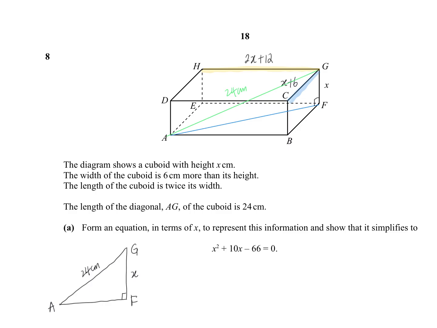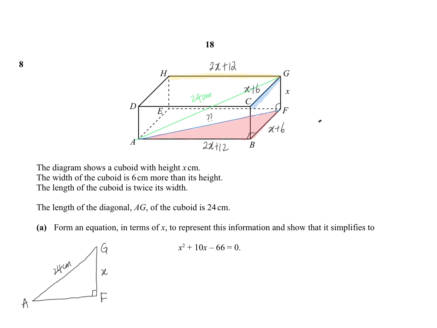But AF is also a right angle triangle at the base. So first, I need to find AF by using the right angle triangle at the base. This is x plus 6. This is 2x plus 12. What is AF? So I go and find Pythagoras theorem.